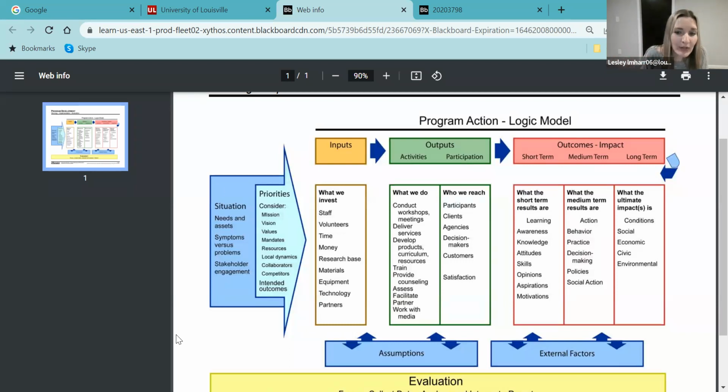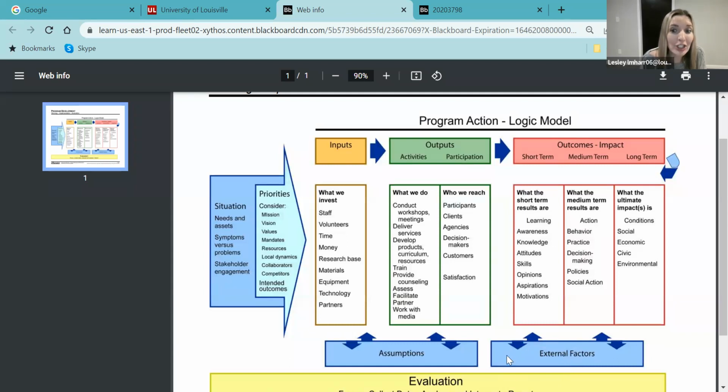You all have to do this section with situation, priorities, assumptions, or external factors. I think it's helpful to consider these, but you don't have to include them. So external factors, I think, is really important, like when there is potentially a large scale policy change coming underway. Like the implementation of the Affordable Care Act, that really changed a lot of services within behavioral health.